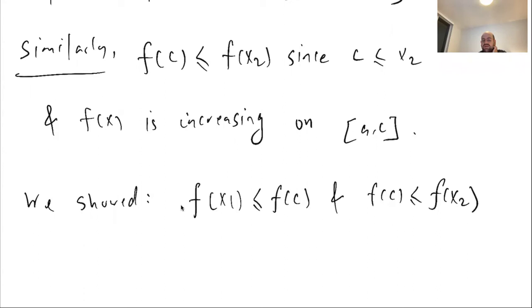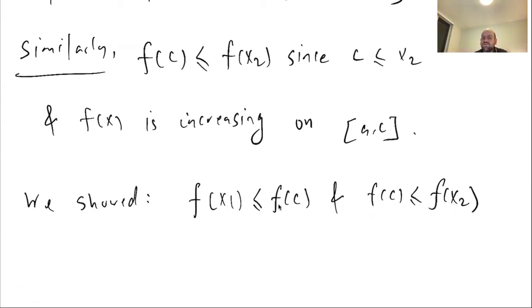But we have a problem here because I wanted to show that f of x1 is less than f of x2, not f of x1 less than or equal to f of x2. So what can I do here? Well, there is only one case. When can I say that f of x1 will be equal to f of x2? I want to rule that out, right? So that equality happens if the equality happens here and also the equality happens here, right?